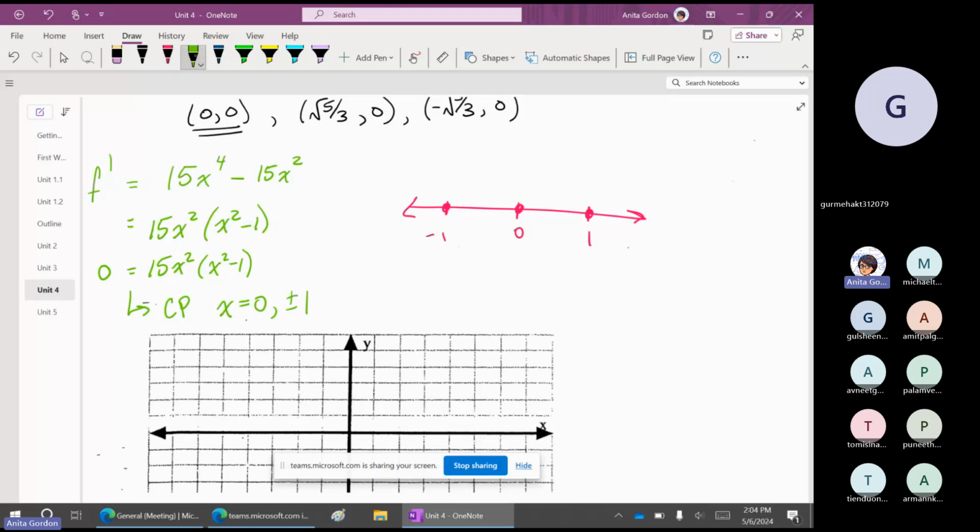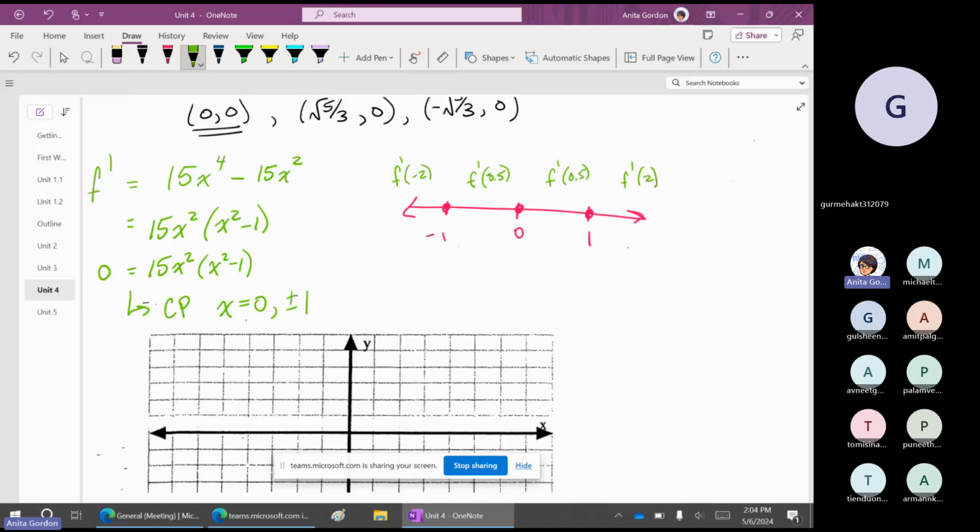So what I'm going to do is check f prime at -2, f prime at -0.5, f prime at positive 0.5, and f prime at 2. And I'm not interested in the number I get. I'm only interested in plus or minus, increasing or decreasing. That will tell me the direction of my lines, right?